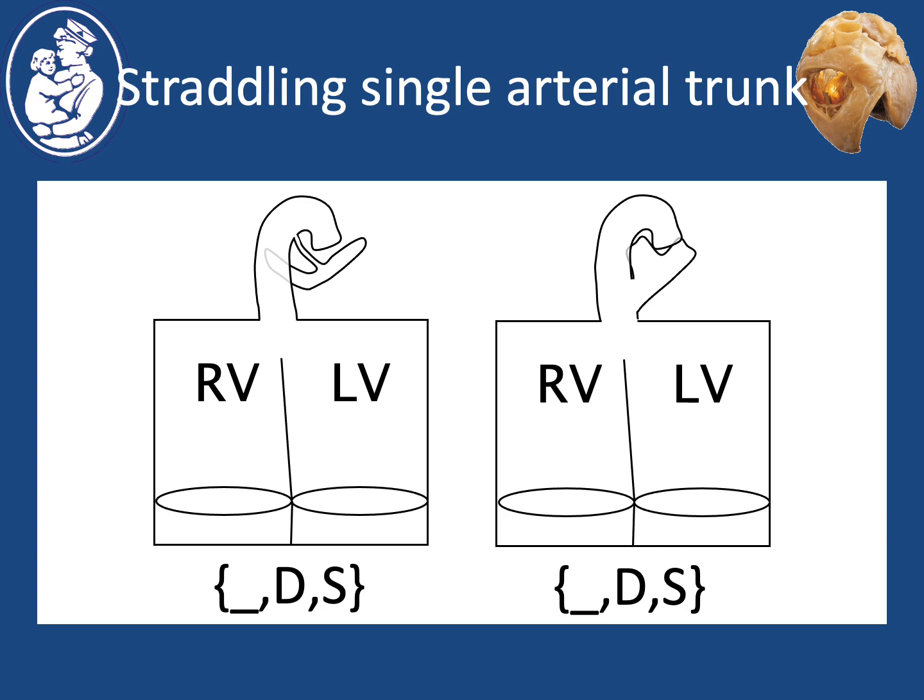Consequently, in both cases here, the last letter of the segmental set notation is S for solitus, normally related great arteries. One could also make the case that since there's really only one arterial trunk, it's impossible to say that this is normally related great arteries, because this single arterial trunk really receives blood directly from both ventricles.